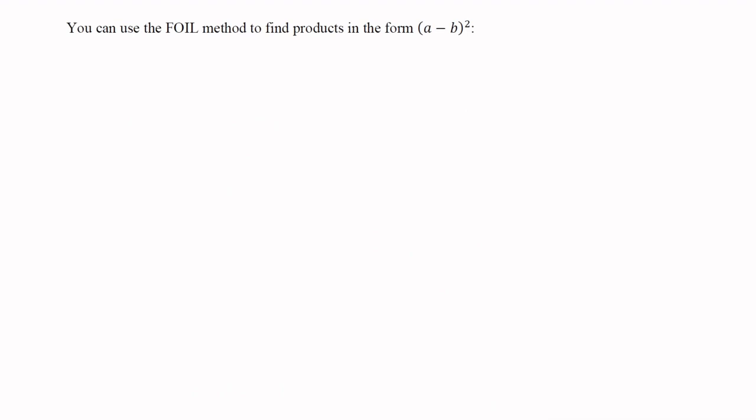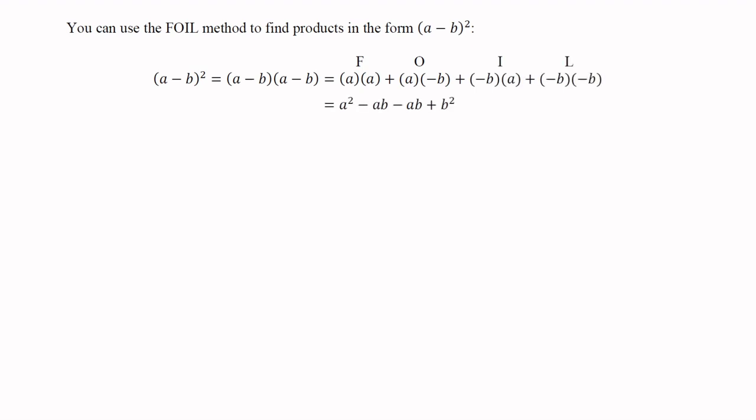You can use the FOIL method to find the products in the form a minus b quantity squared as well. So we take a minus b quantity squared. We can multiply it as a minus b times a minus b. Do the first, outer, inner, and last terms. And we get a squared minus ab minus ab plus b squared, which is a squared minus 2ab plus b squared.